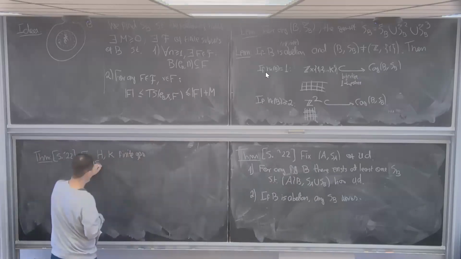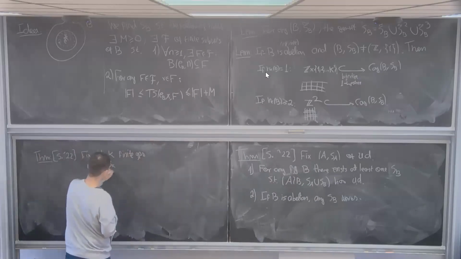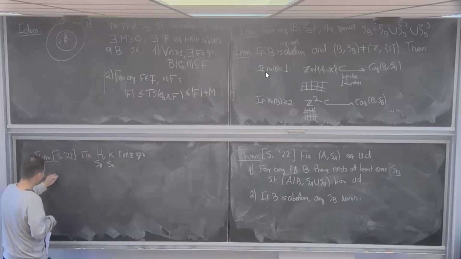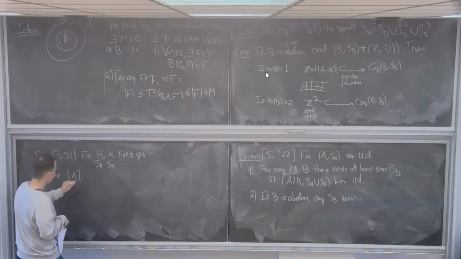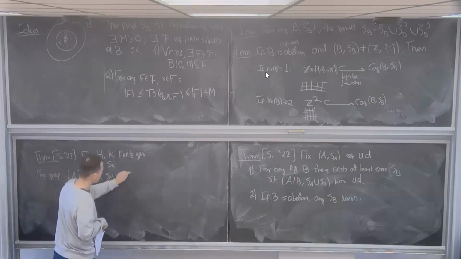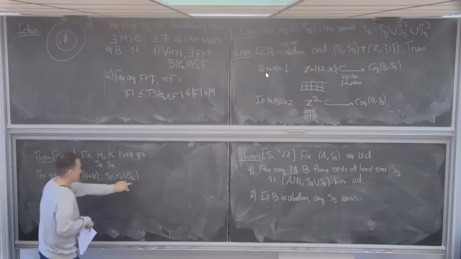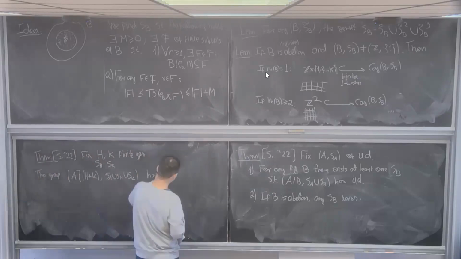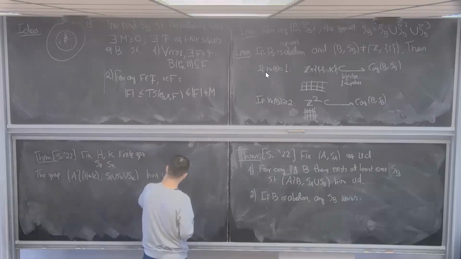We will fix generating sets for these finite groups. And we will say, let's say the group or the pair A wreath H star K, with A union S_H union S_K. So this is the standard generating set we always talk about. We'll have uniformly bounded depth, so not the property.